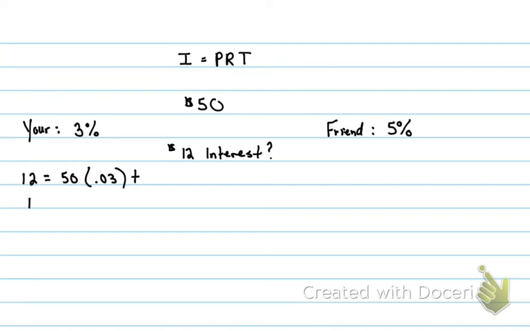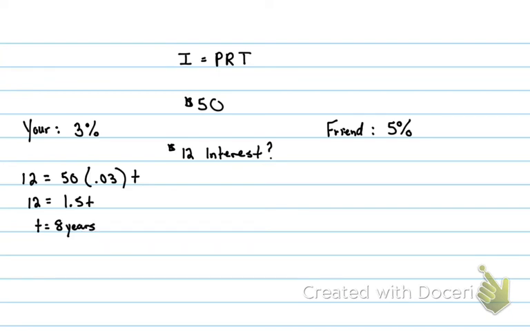So 12 equals 1.5t. So how long did it take me? 8 years to earn $12 in interest. That's not great. Well, you only put $50 in it. Yeah, that's true. So time is 8 years. That's how long it took you.